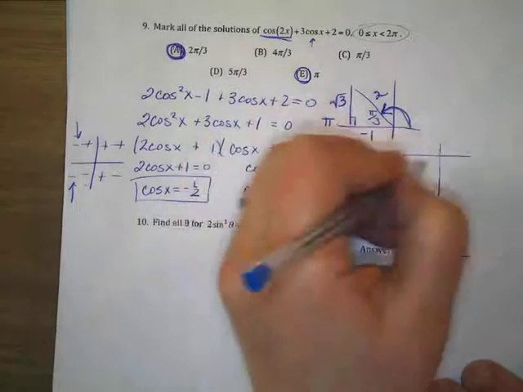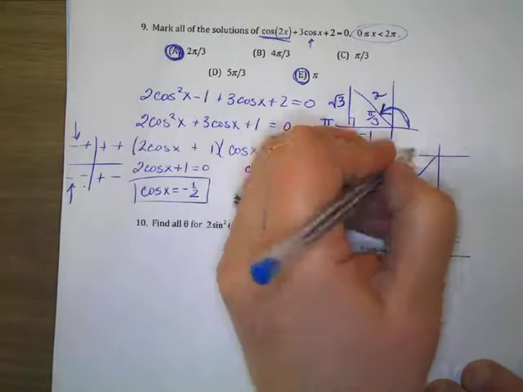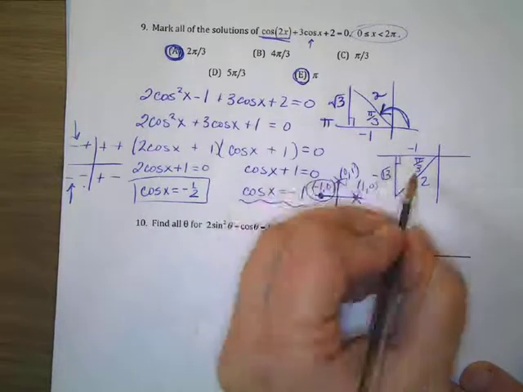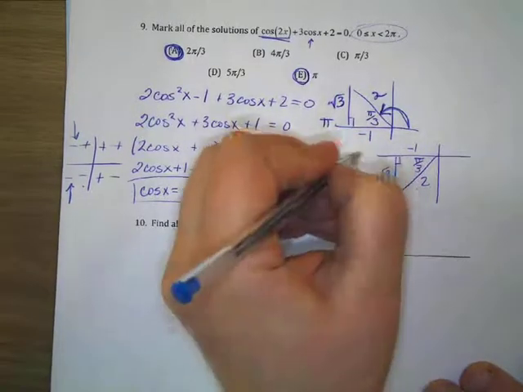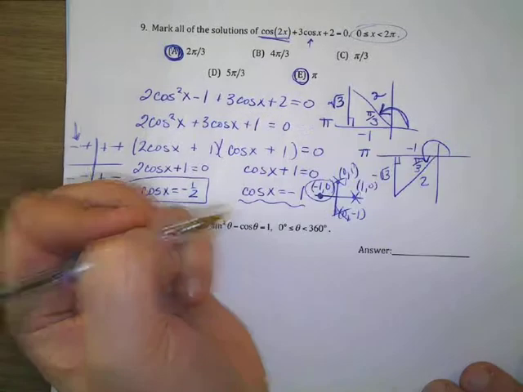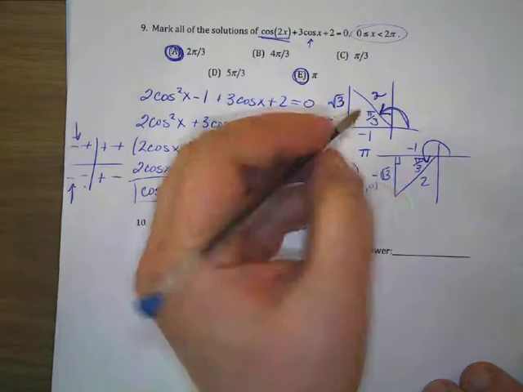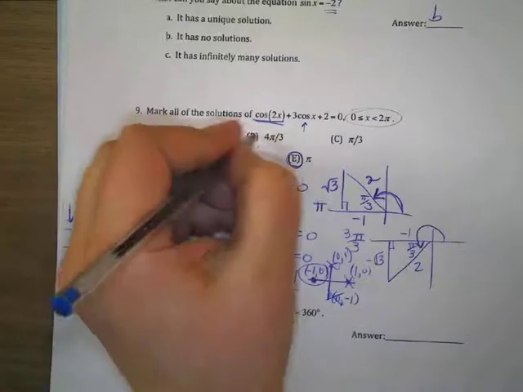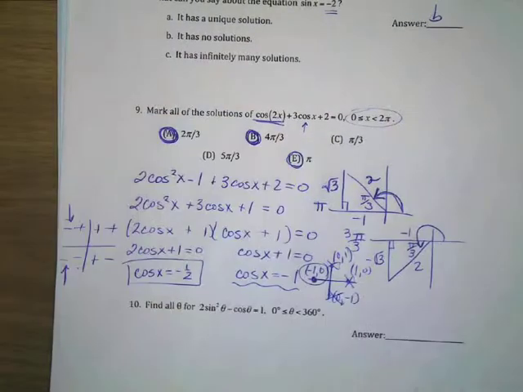Because you're going to have the exact same triangle down here, but then you just add another. You have the same reference angle, so now we're 1/3 more than pi. Think of pi as 3 pi over 3, so 4 pi over 3. Oh, there it is. There's your 2 answers. Or 3 answers, sorry.